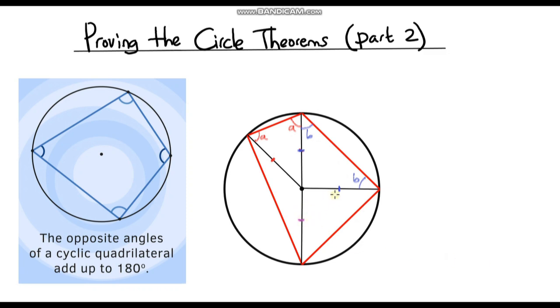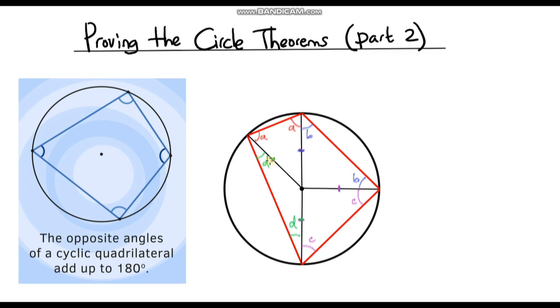So these 2 side lengths are the same. Therefore, these 2 angles in magenta are the same. Let's call them C, just to be consistent with the alphabet. And finally, we can see that these 2 side lengths are the same. So these 2 angles in green are the same. Let's call those D.